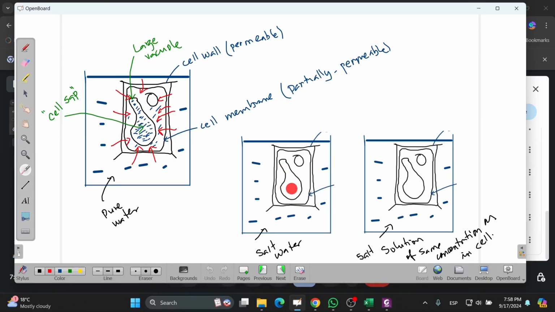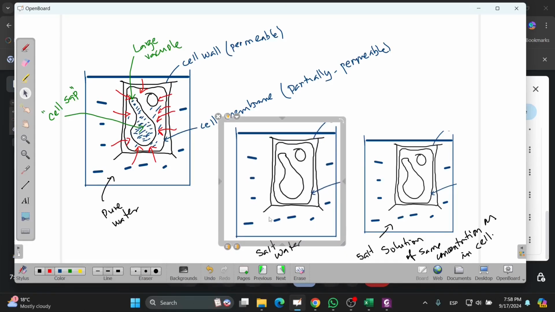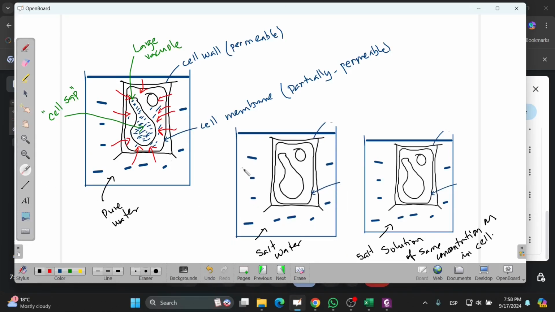However, this other cell here in this other scenario, right? Remember, what happens here is that there is salt water outside. This is a hypertonic medium, right? Hypertonic medium or solution outside. The solution outside is hypertonic compared to inside the cell.